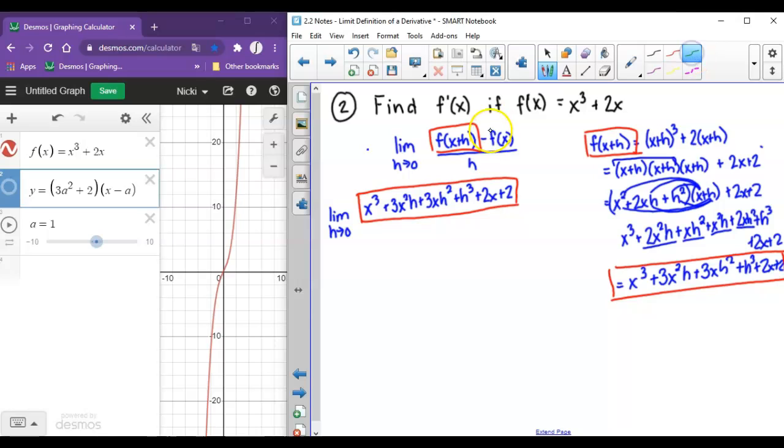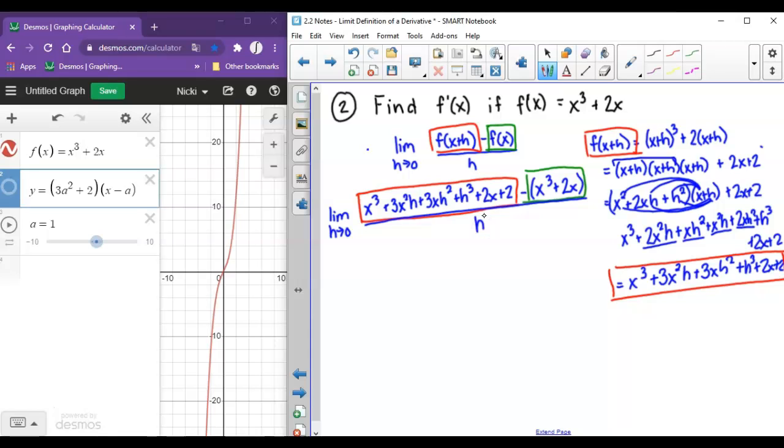So I still have to put the minus f of x. So I'm going to do that. Minus f of x is just x to the third plus 2x. Make sure you throw some parentheses around that, so we're subtracting the whole thing. And then all of that is over h.